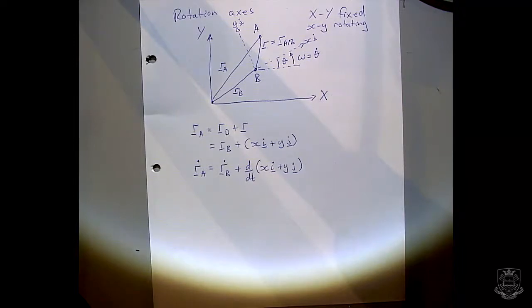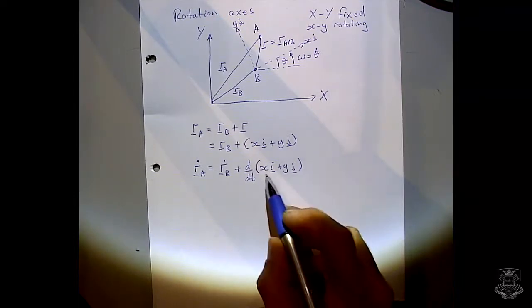So to differentiate those things, we've got to use the product rule because i and j are rotating around. They change with time, don't they? But as it happens, they're constant. They're constant functions of time. So they don't vary, but they do change with time.